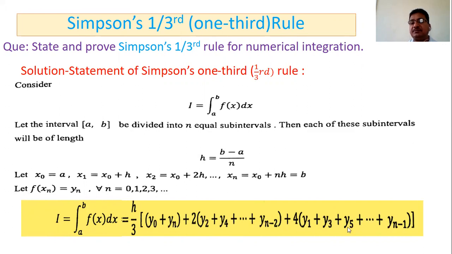The function values are f(x), and the suffixes are odd. In these two brackets there is no y0 or yn.